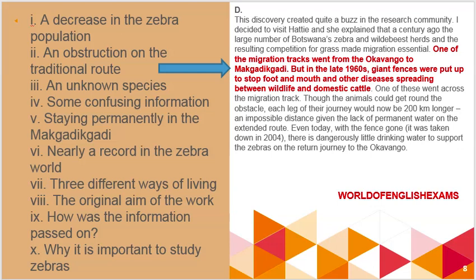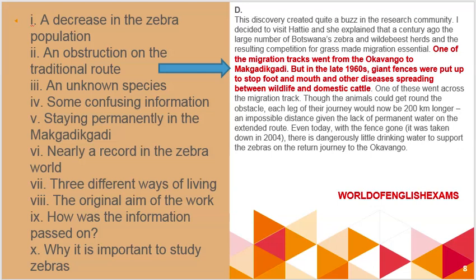And that's the reason animals migrated. One of the migration tracks, a path, a route, went from Okavango to Maggadkadi. Okay, so that is the path along which the zebras were traveling. But in the late 1960s, giant fences were put up to stop foot and mouth and other diseases from spreading between wildlife and domestic cattle.